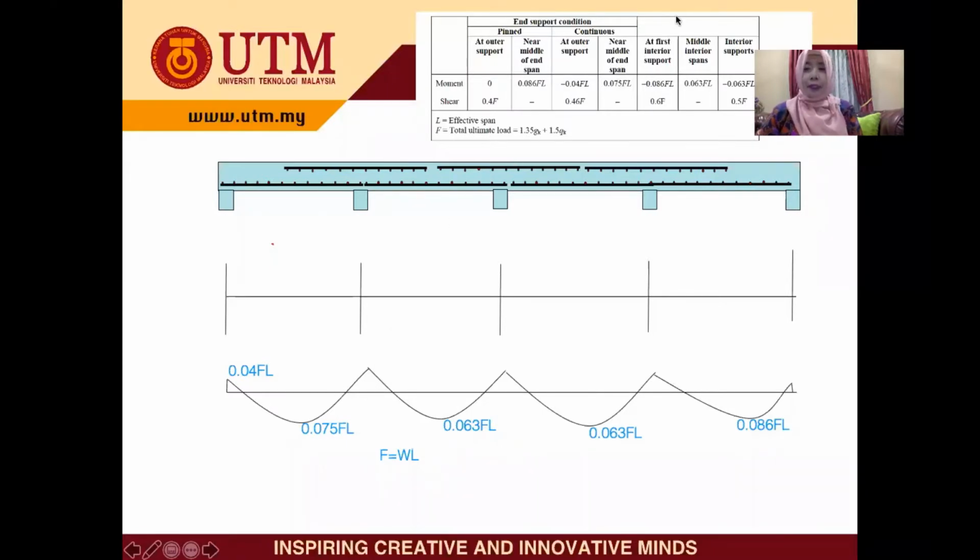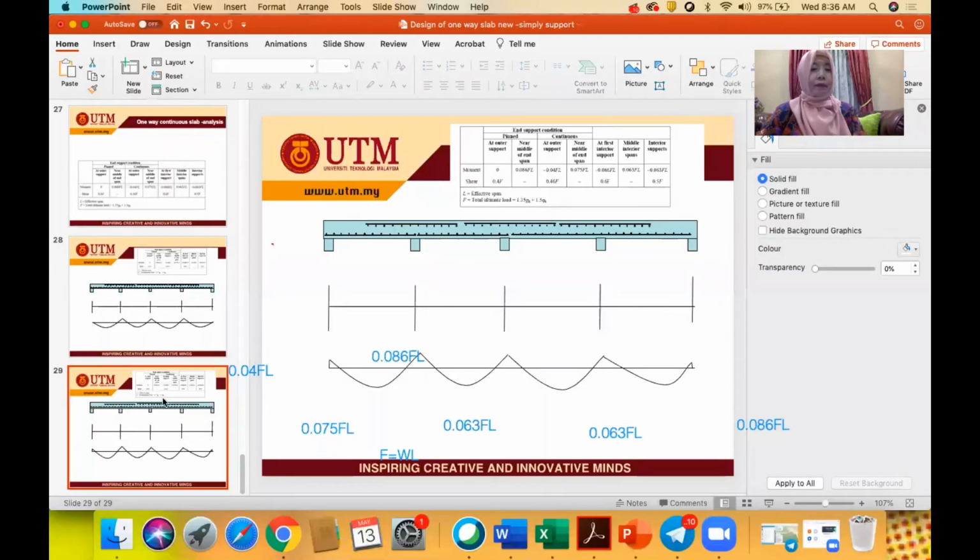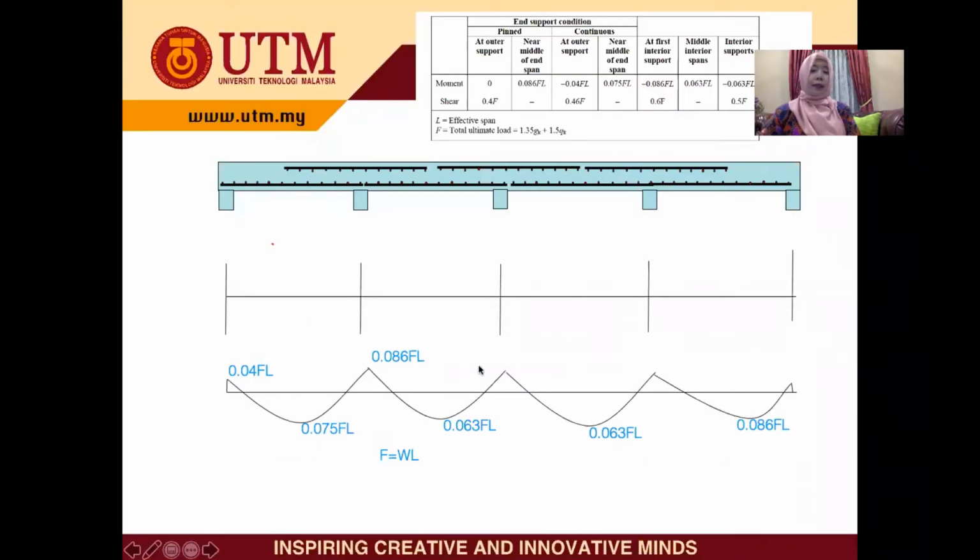Now at the support, is it still the same? At the first interior support, this one maintains 0.086FL. Then you can repeat. Here we have 0.063FL and so on.